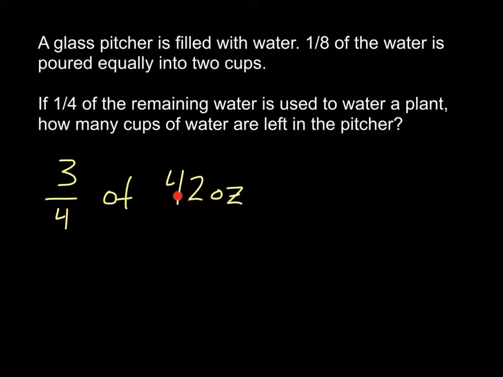And we have 42 ounces because, looking at part 2, we had 48 ounces in a full container, and we poured 6 ounces into the 2 glasses. You could also do 1/4 of 42 ounces and then subtract that out, but this is going to be a more direct way of doing it. See if this changes your solution.